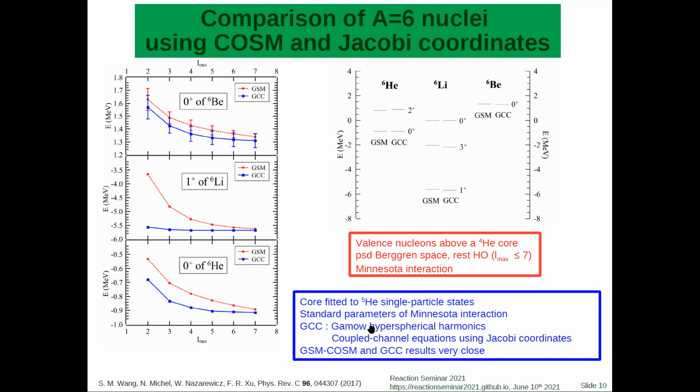GCC is a standard model of three-body states based on hyperspherical harmonics defined with Jacobi coordinates and solved with coupled channels. Of course, as the cluster is built directly in the basis, it converges quickly. It is not the case with the Gamow shell model, because with the cluster orbital shell model, we have particle coordinates, not cluster coordinates, so it converges slowly, but still it converges to the same value, and with L equal 10, typically we have convergence.